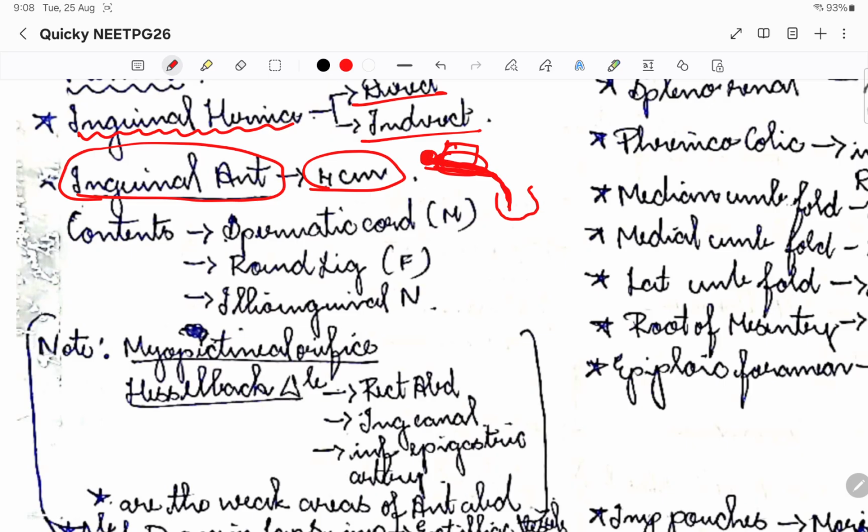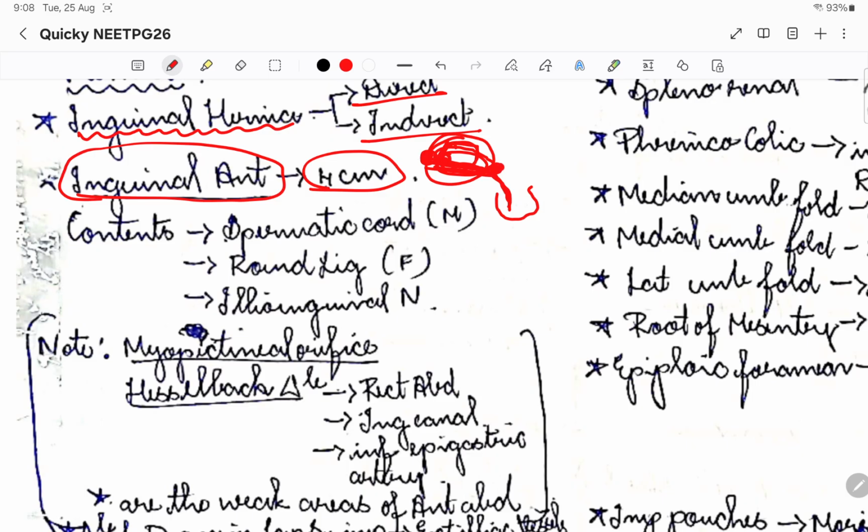This canal is where the cords are connected to the prostate and so on. Sometimes the wall might be defective with respect to the superficial ring and the deep ring.